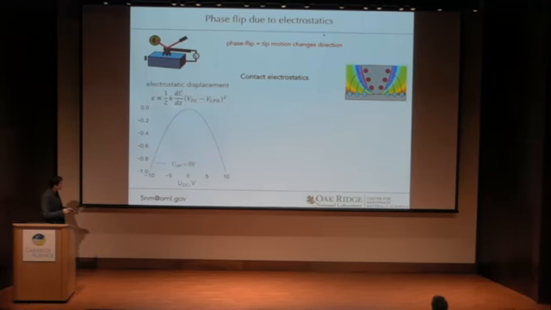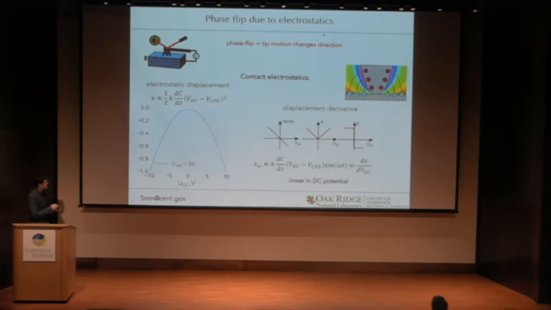Now, contact electrostatics by itself follows the same law that any electrostatically biased capacitor follows. The capacitor tends to squeeze in with a magnitude that scales quadratically with the difference between the applied bias and the null potential. And if you take a derivative of this value, by the way, in a real experiment this is almost undetectable, but the derivative is very much detectable.